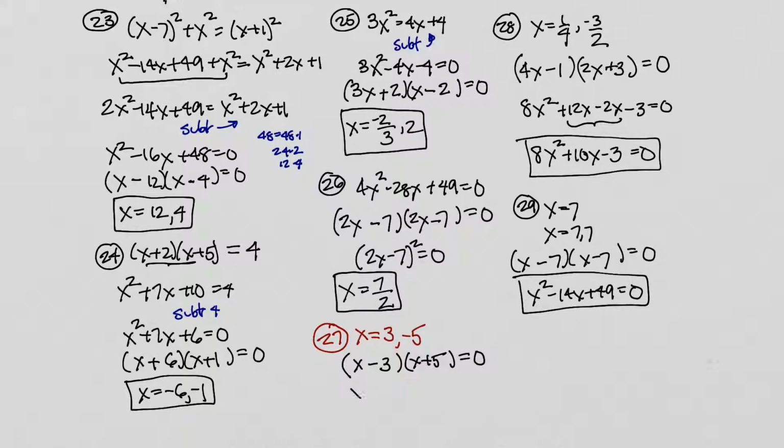So first and first gives us x squared. The outer product here is 5x minus the inner product, 3x, right? 5x's minus 3x's, 2x's. And then the last and the last, negative 3 times 5 is our minus 15 here, and the whole thing's equal to 0, and there is our quadratic equation.